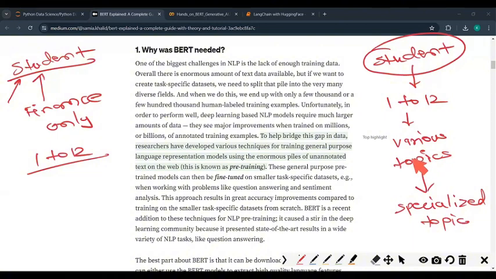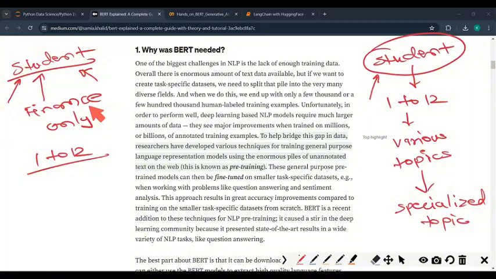From 1 to 12, they are taught various generalized topics in the real world. So this student will be able to understand much better because they are learning multiple domains and are able to make connections between multiple domains. The learning capability of this student will be far better than the student who was only taught one thing from the start.